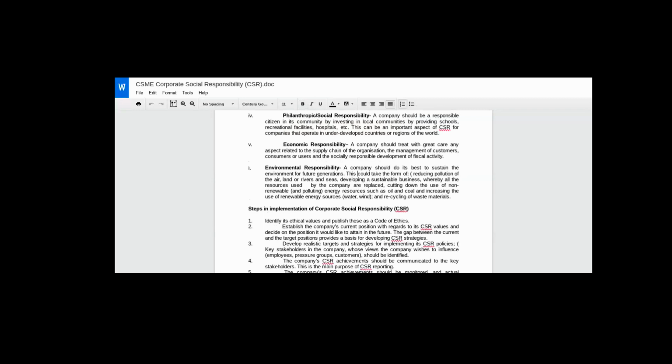A company that is socially responsible must reduce pollution of air, land, rivers and sea. These are some of the things that caused the crisis in the Middle Belt, and the crisis in Bayelsa the other time, because a lot of these multinational companies are coming there.